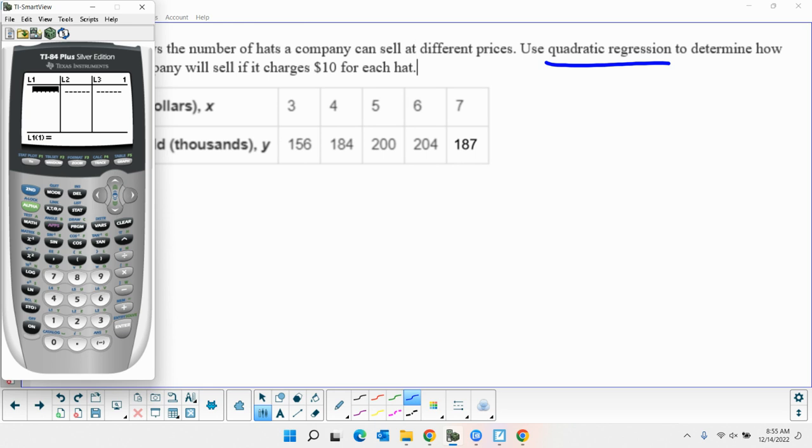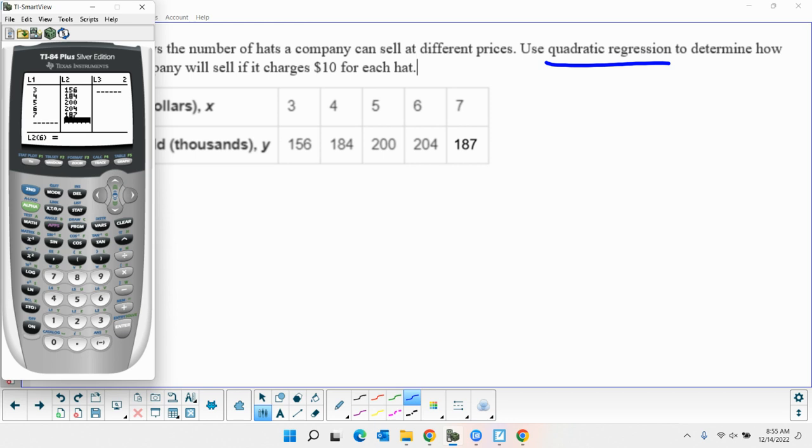I'm going to put 3, 4, 5, 6, 7. Got those done. And then 156, 184, 200, 204, 187.